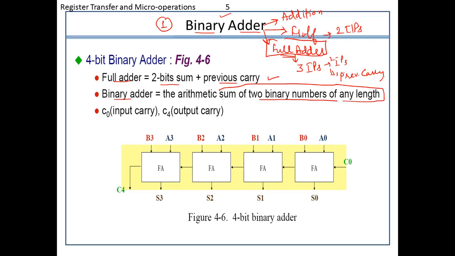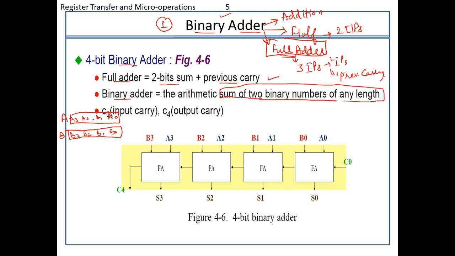Let's take one example: I have a register A, consisting of data of, let's suppose, 4 bits, called A0, A1, A2, and A3. Similarly, there is a register B, again of 4 bits, having the data B0, B1, B2, and B3 present. I want to perform the binary addition of these two numbers.